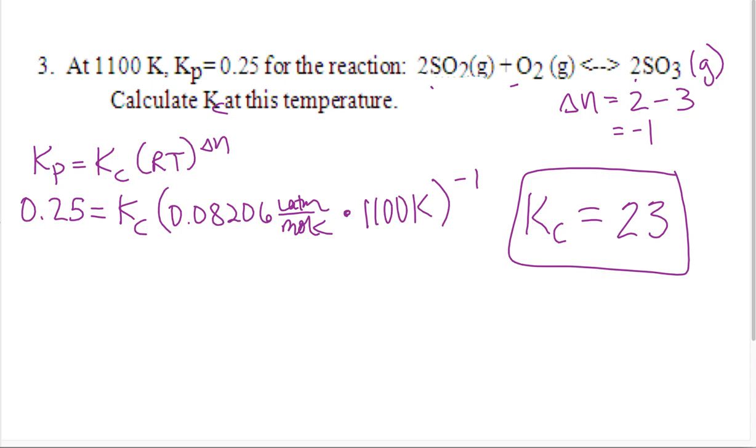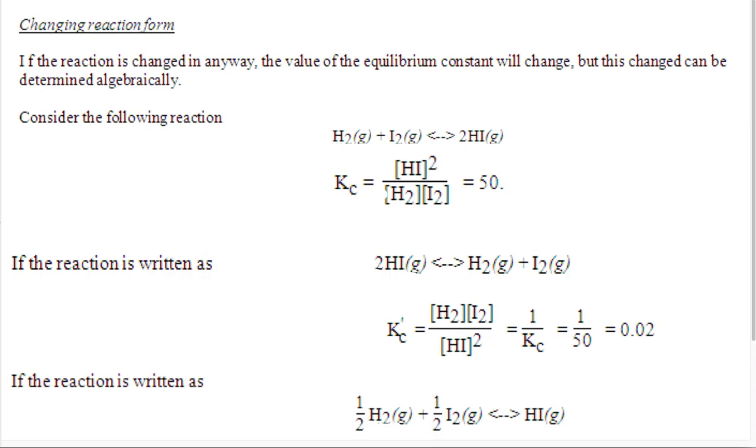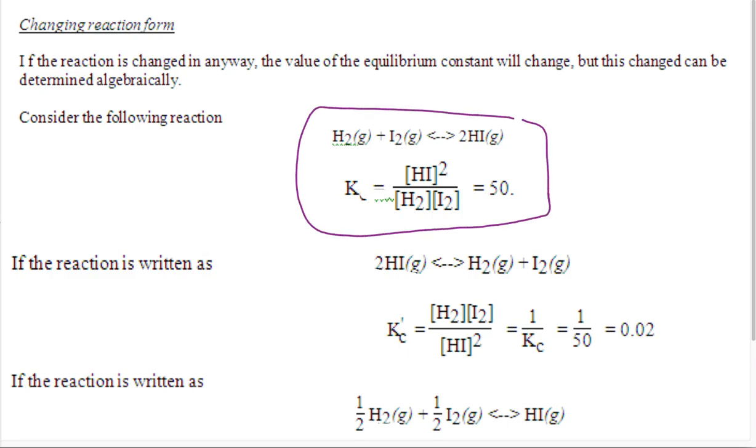All right, now we get to have more fun with K and talk about the different ways we can manipulate K by using Ks from other reactions. So right here, the very first thing you see is we already did this problem. We solved 50 as the K for this. Notice the question then is what is the K of this reaction?